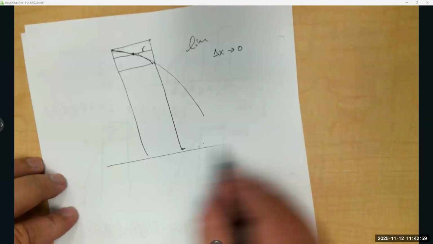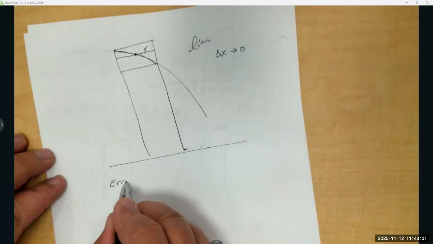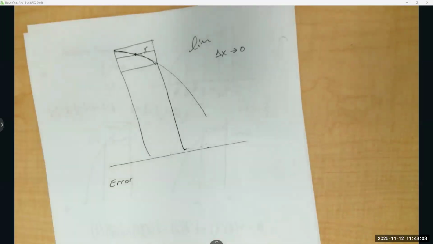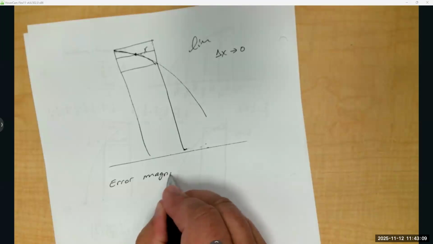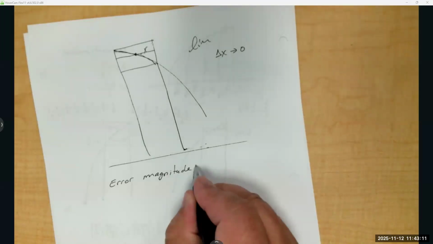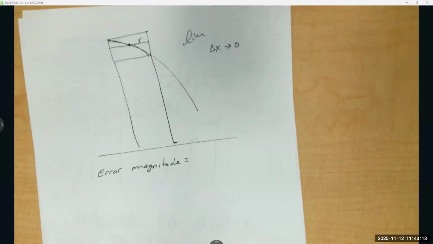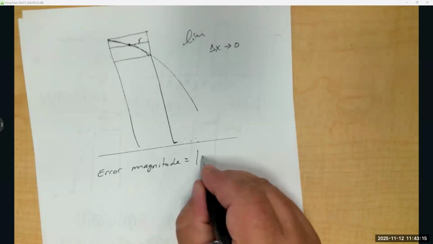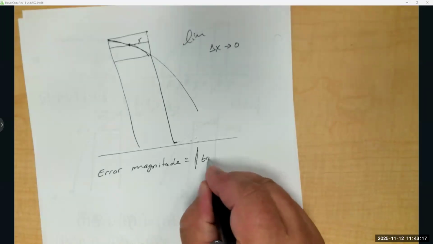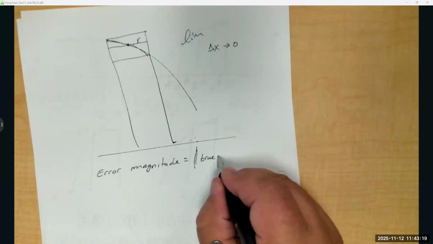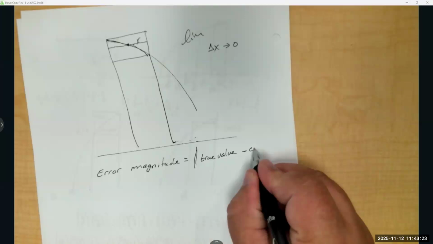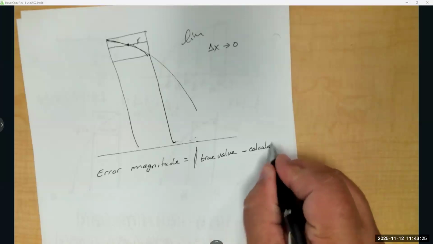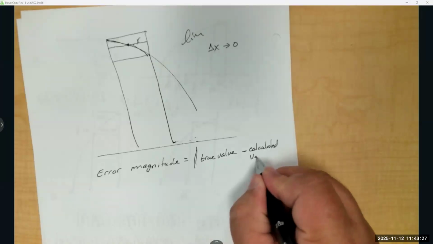Now that we can figure out the errors of these things. We have an error magnitude. The error magnitude is the absolute value of the true value of this area minus the calculated value.